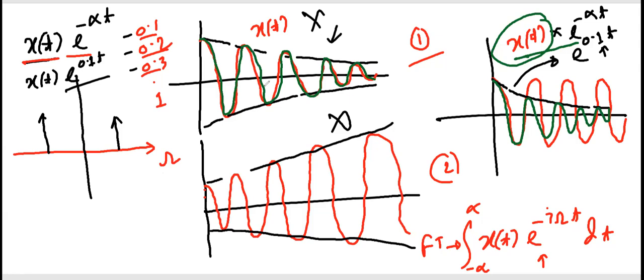We are looking for two values. One is the frequency, that is this omega, and we are also looking for the decaying factor for which it will match perfectly.